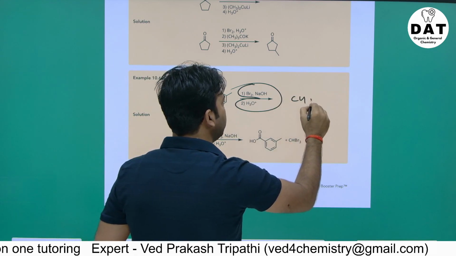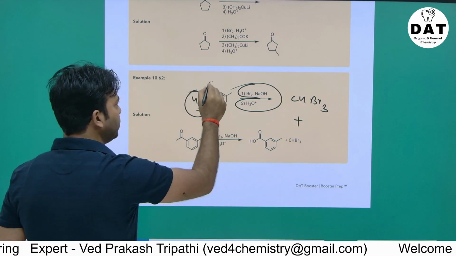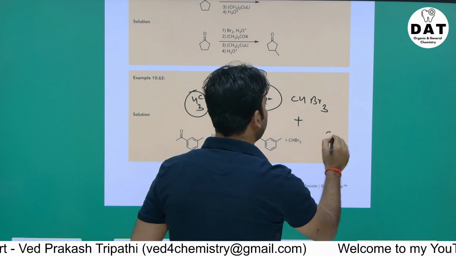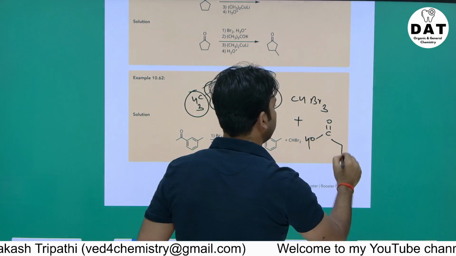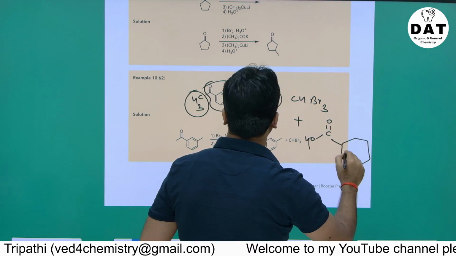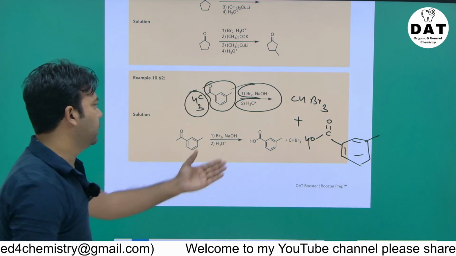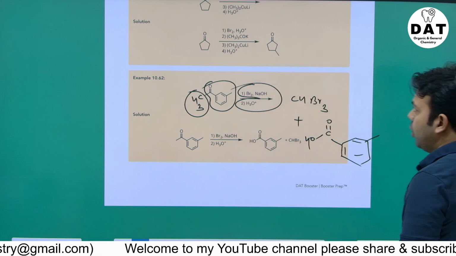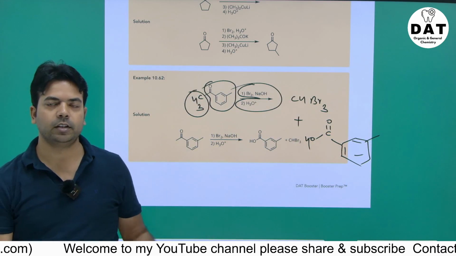So it forms CHBr3, and the rest of the part, this entire part, is going to convert into a carboxylic acid, C double bond OH, then the ring, and here methyl, like this. Clear? So this is all about enolate chemistry, and we have done this.